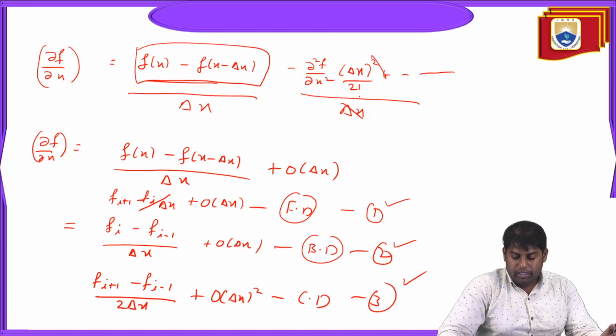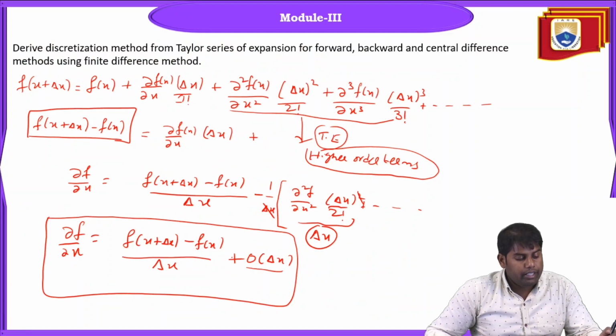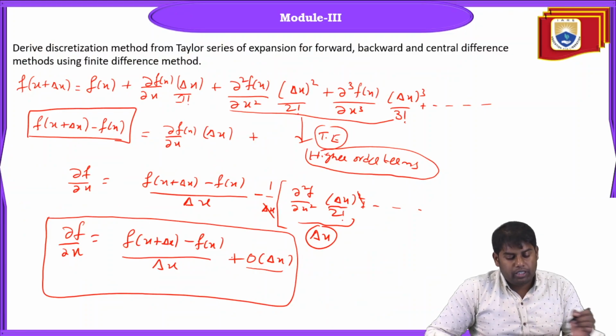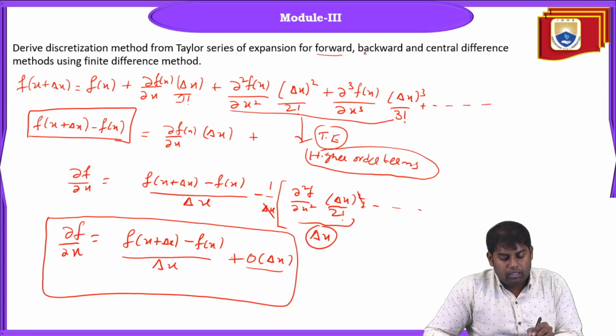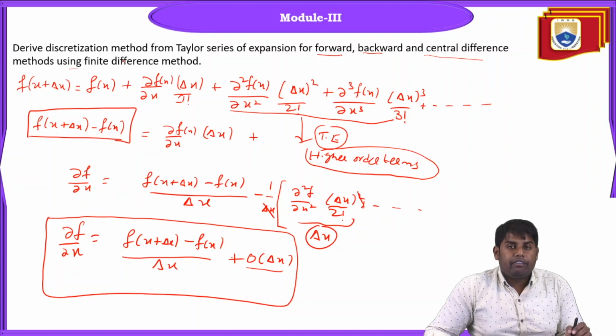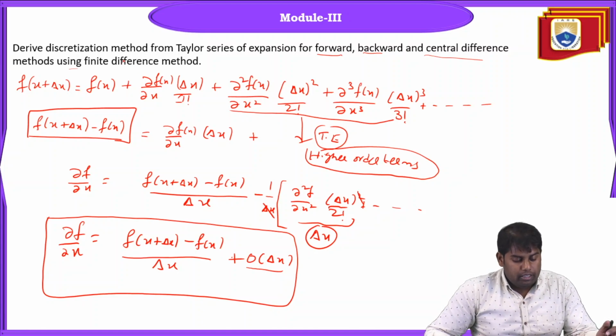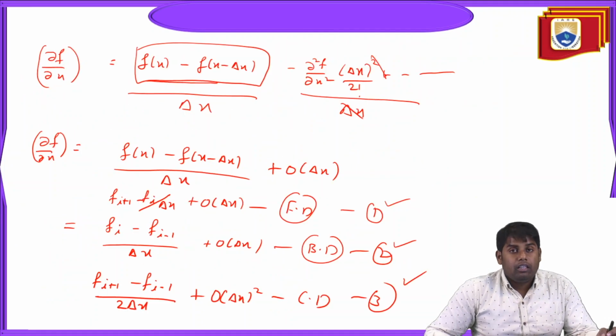With this we have seen the discretization method from Taylor series expansion for forward difference, backward difference, and central difference using the finite difference method. In the next module, we will see what types of higher order accurate numerical schemes we can obtain using Taylor series expansion.